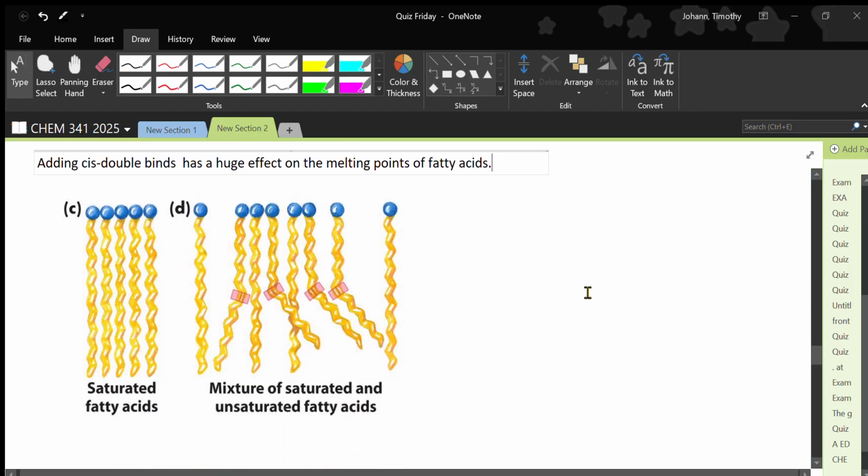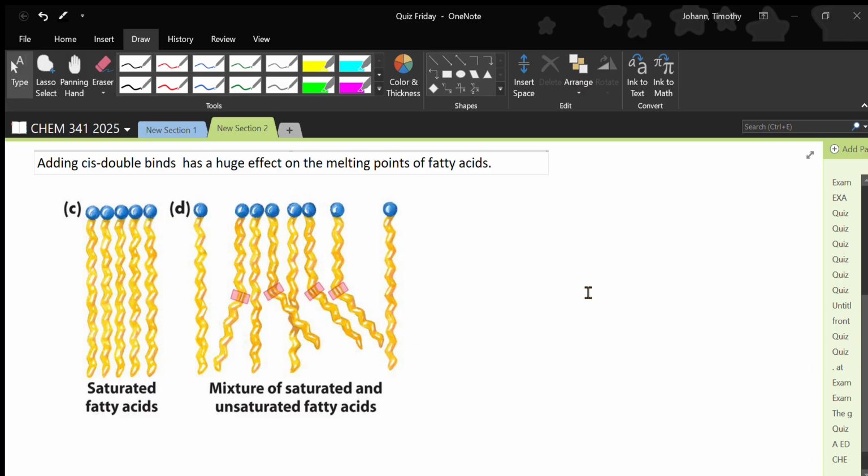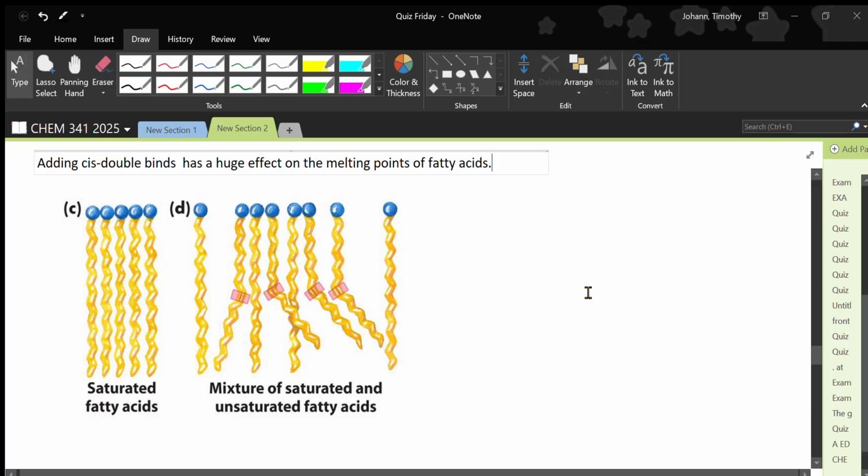So if we have a bunch of saturated fatty acids, they can all line up next to each other and stick really well. They can pack in, and we have lots and lots of van der Waals interactions all the way down. Lots of places we have contact, and that makes these things have a much higher melting point. When we think about fats, animal fat has more saturated fatty acids than plant fat.